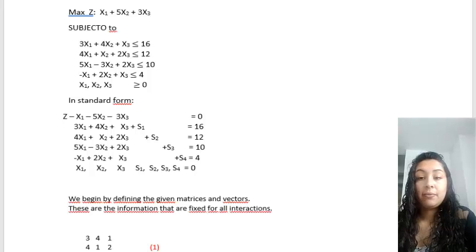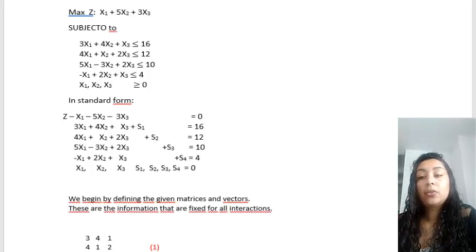The basic variables in the initial basic feasible solution are going to be those slack variables.